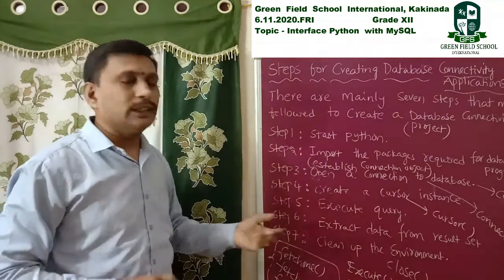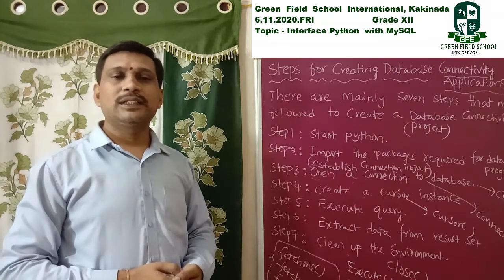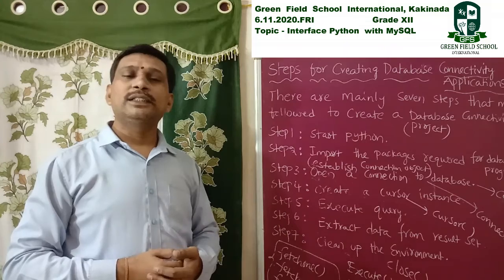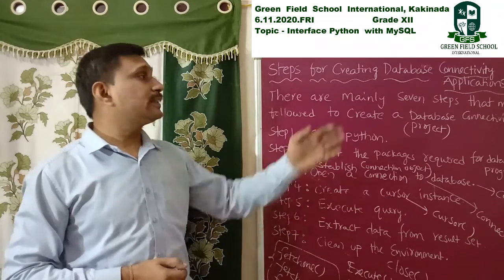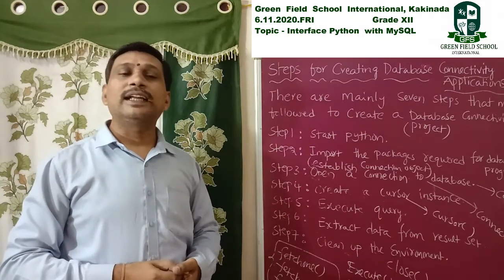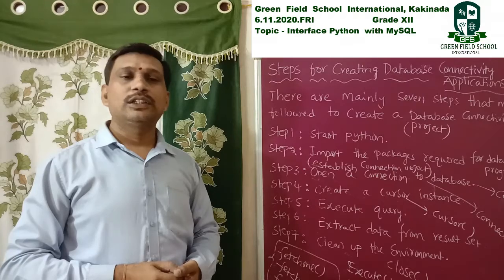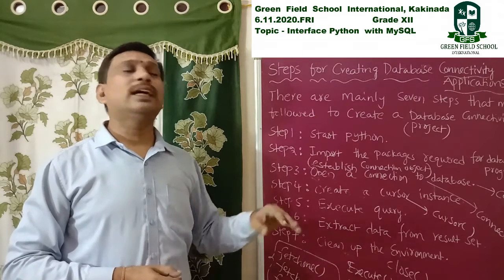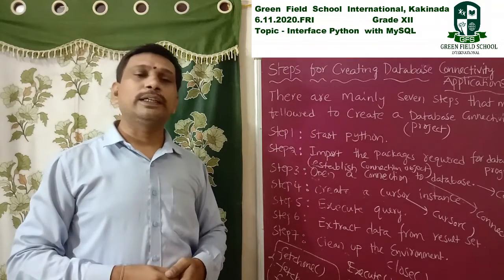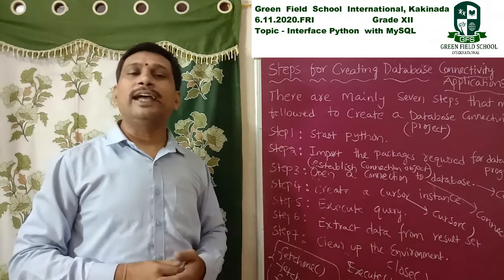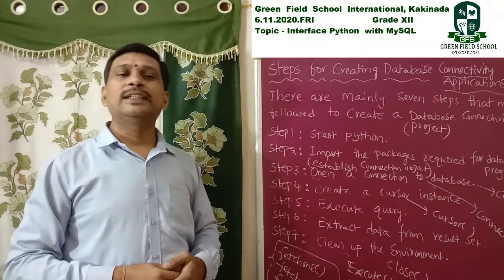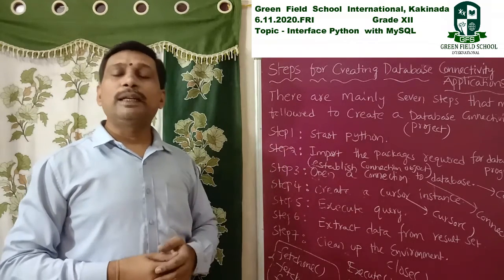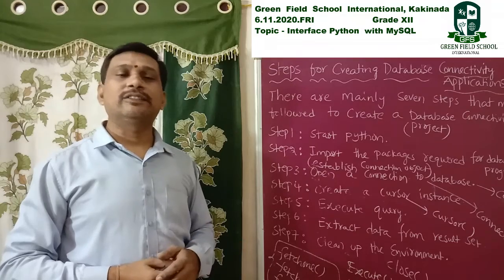These are the actual 7 steps that are used when you are developing any project related to database connectivity. Suppose you create a desktop application, you may not require a database. Suppose you require a web application, especially web applications require database connectivity.